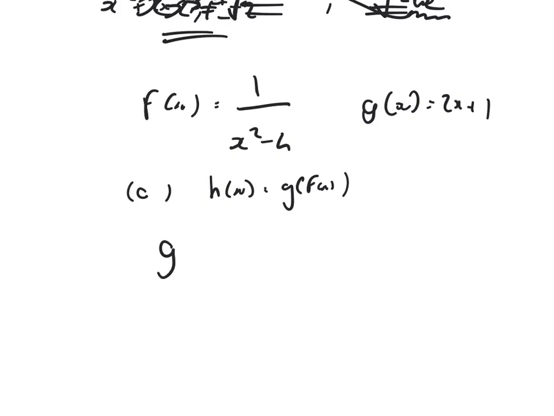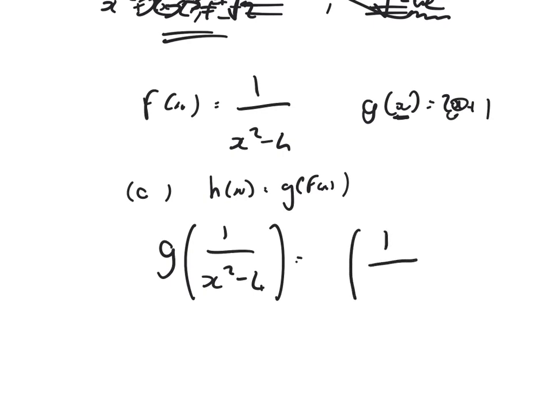Okay, so that's g of 1 over x squared minus 4. Okay, so the g function is whatever's in the bracket, you write it down, you double it, and then you add on 1.